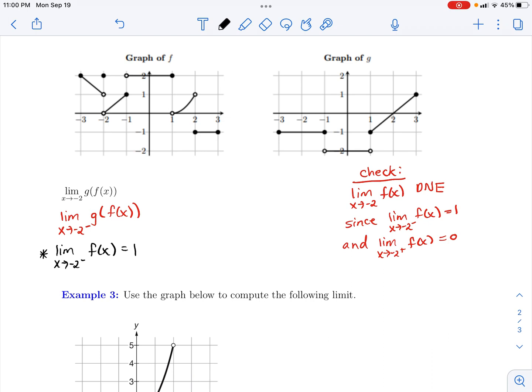Okay. And so what's tricky about this now is when I go to figure out the limit as x approaches some value of g of x, now my outer function, I have to think about, is it just 1, or am I approaching 1 from a certain direction?